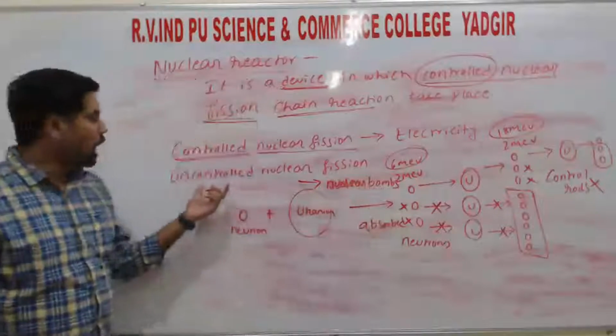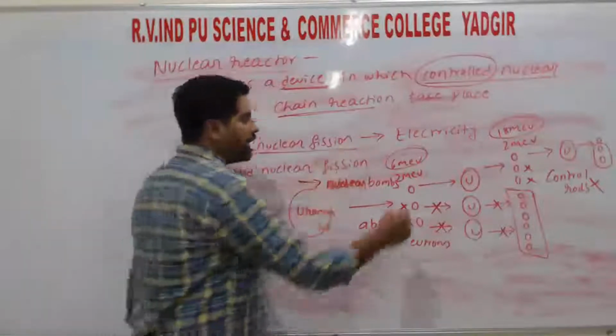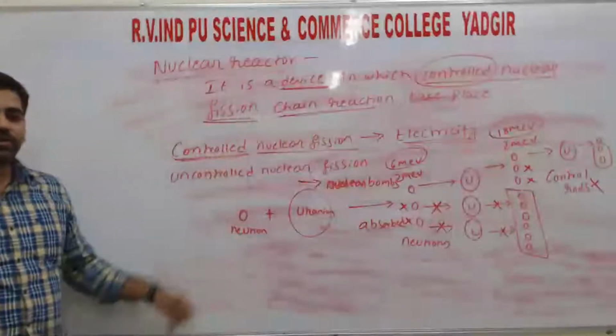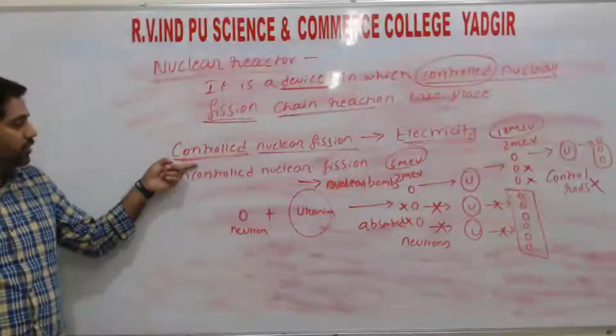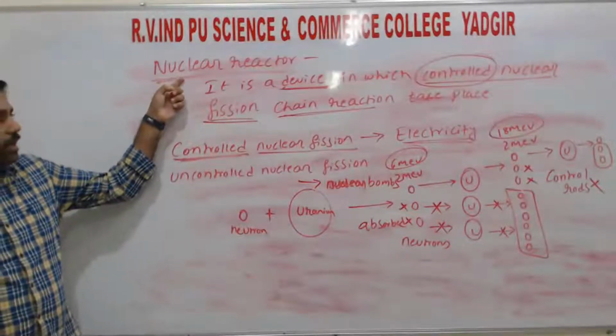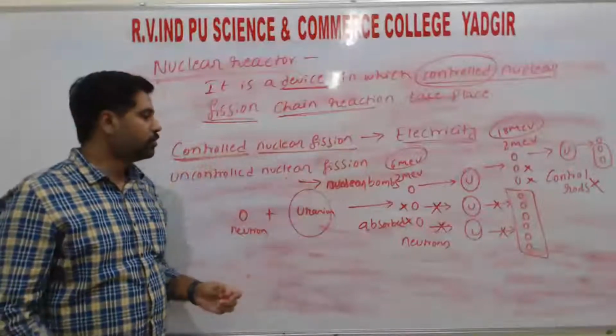So in nuclear bombs, uncontrolled nuclear fission takes place. For obtaining electricity, controlled nuclear fission takes place. That is the difference between controlled and uncontrolled. So in a nuclear reactor, controlled nuclear fission takes place.